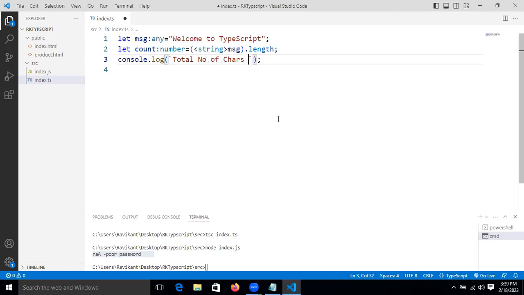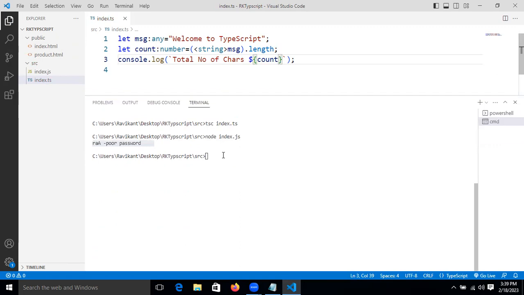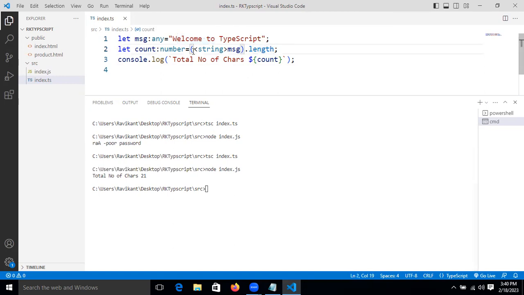Let's take dollar symbol, open curly bracket, close curly bracket, and take count number. Now compile it. Yeah, character count is there. Got it. 21 characters are there.